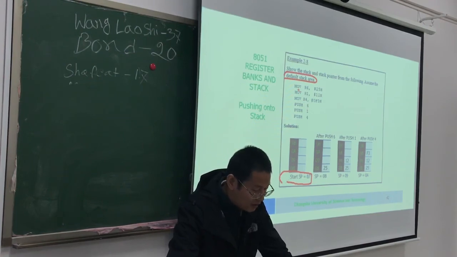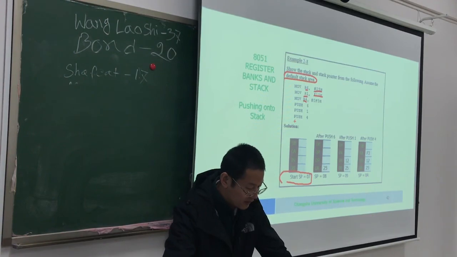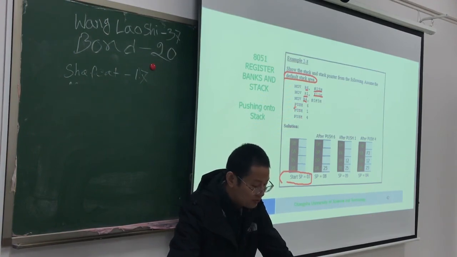So MOV R6, #25H; MOV R1, #12H; MOV R4, #0F3H; PUSH 6 means write R6 to the stack. After push 6, the SP is incremented by 1.